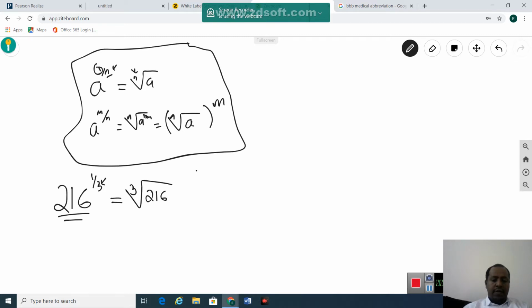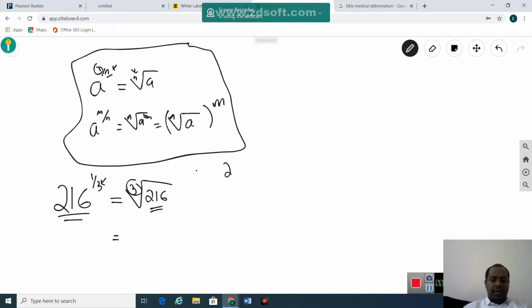Then how can I simplify this one? I'll try to express the radicand, which is 216, as a power of 3. Why am I doing that? Because the index is 3.